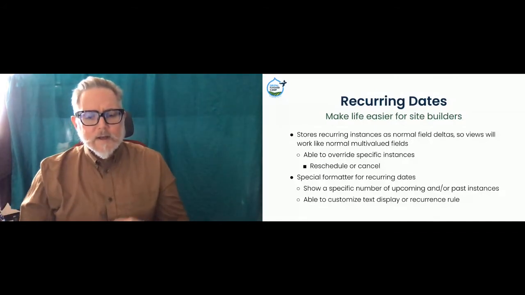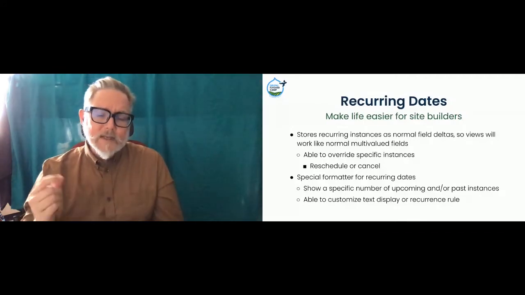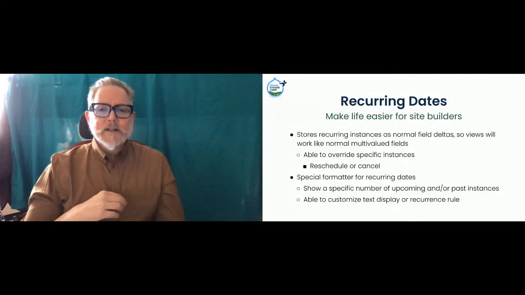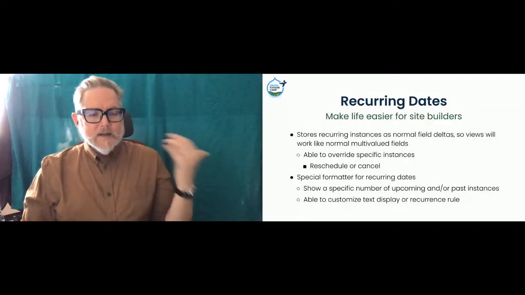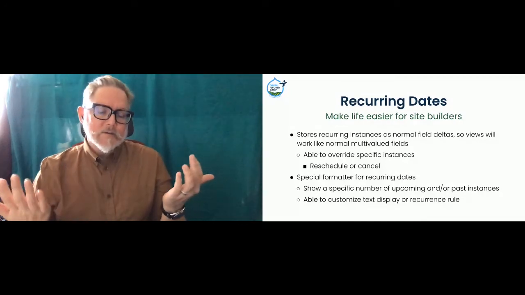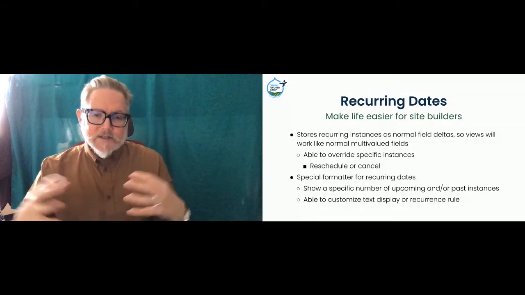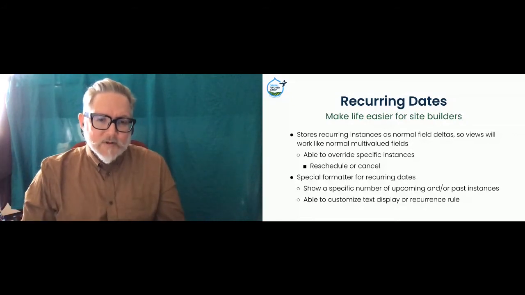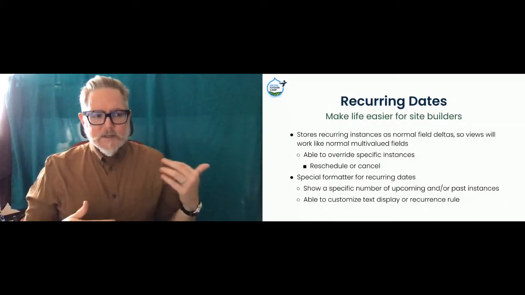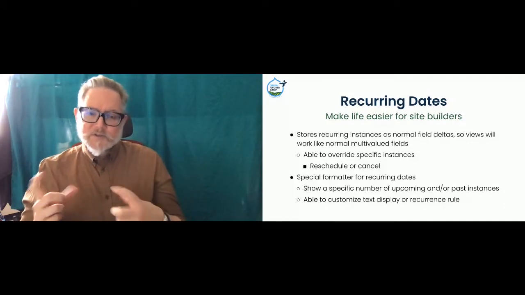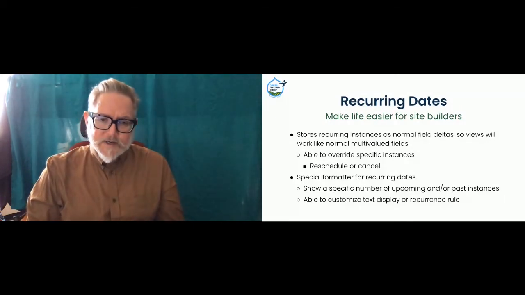Taking that approach actually means it's really easy to build, let's say, a view or an event calendar that has a mixture of content types that have recurring dates and ones that don't. Because of the way they're all stored in a common way, it's really easy to display all of those together. And it still has an interface to be able to do things like override or cancel specific instances. So you still get a lot of control in terms of how to manage your recurring dates.